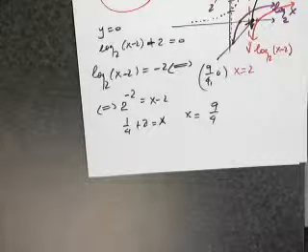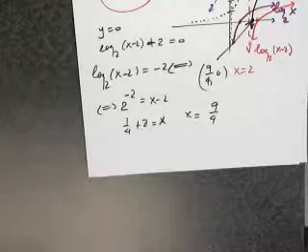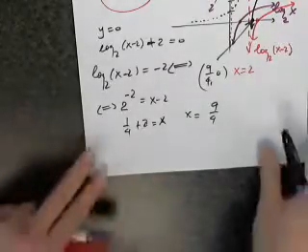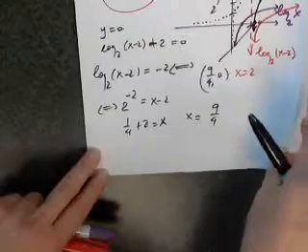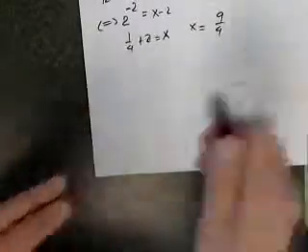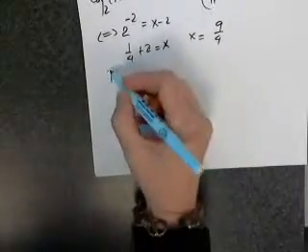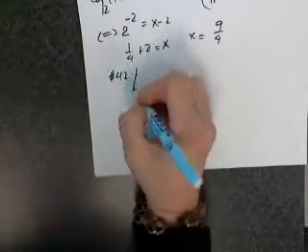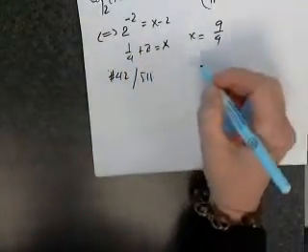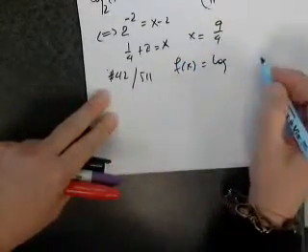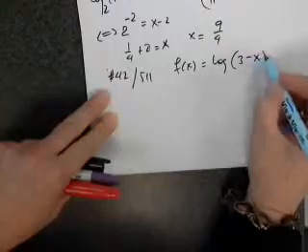I like to find one more domain for a log function and then look at a word problem here. Let's say problem 42, page 511. So we have a function f of x equals common log, which is base 10, of 3 minus x.